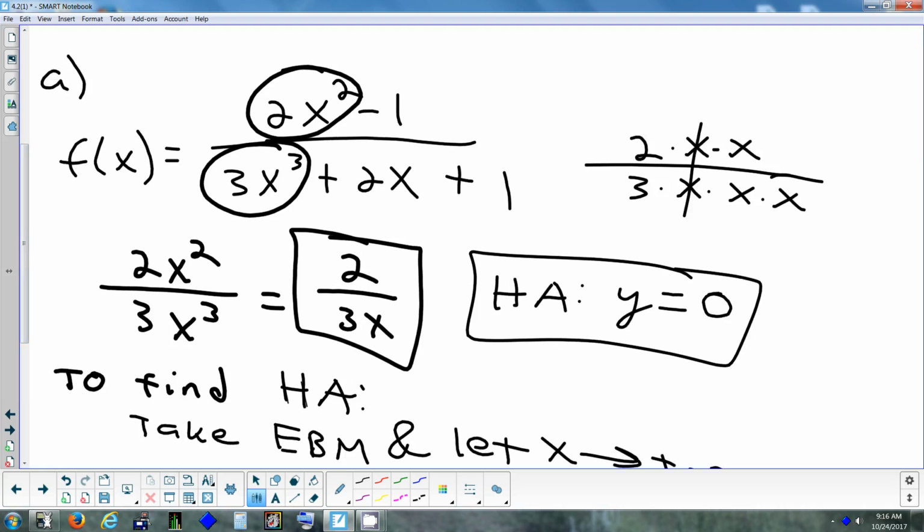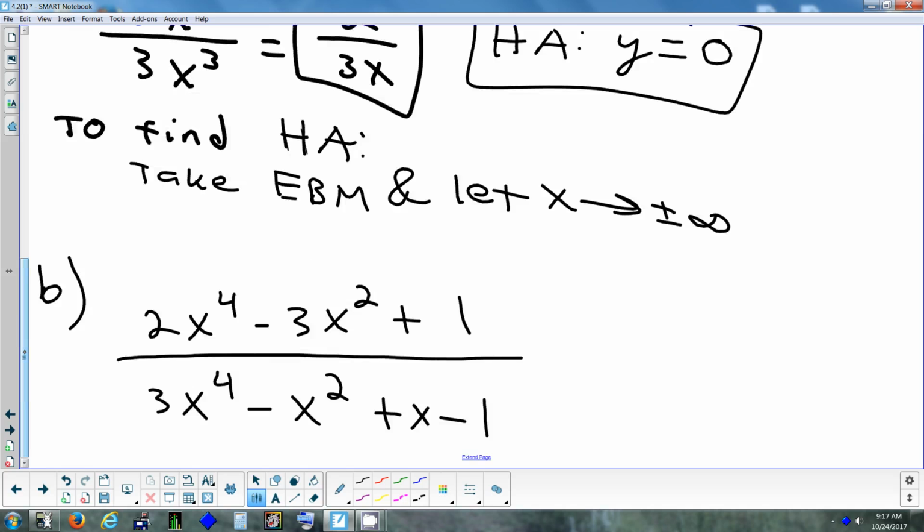So we have an x in the top and the bottom, another x in the top and the bottom, and you're left with a 2 in the top and a 3x in the bottom. So your variable always ends up where the higher exponent was. If you have more x's in the top, it ends up in the top. More in the bottom, it'll end up in the bottom. Unless the exponents are the same, then we'll see what happens there.